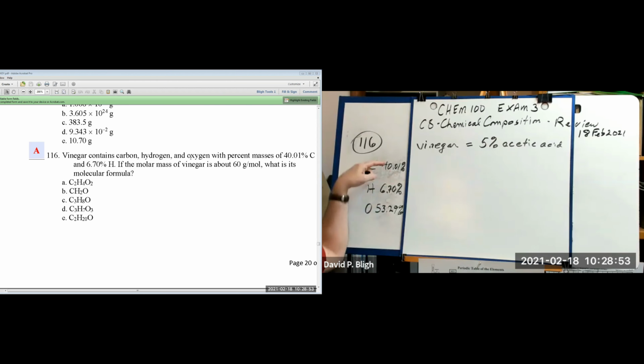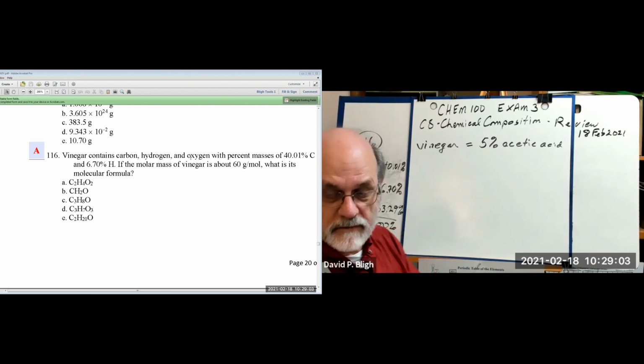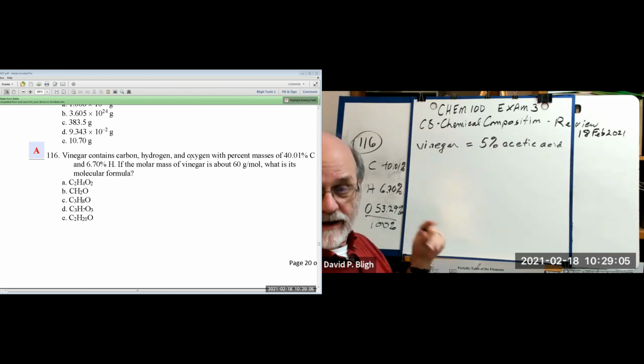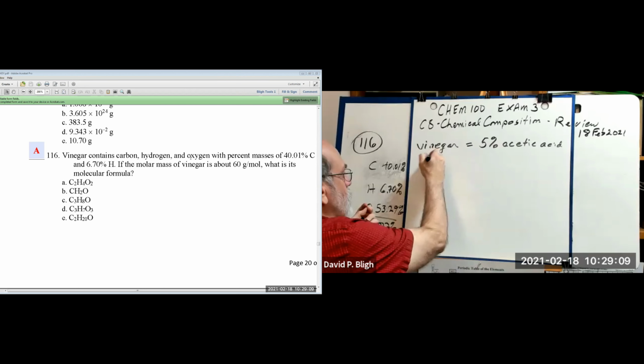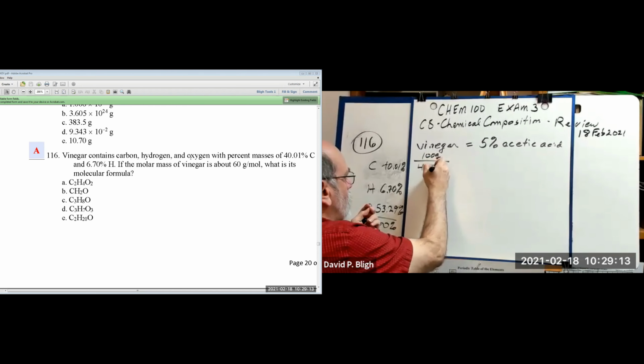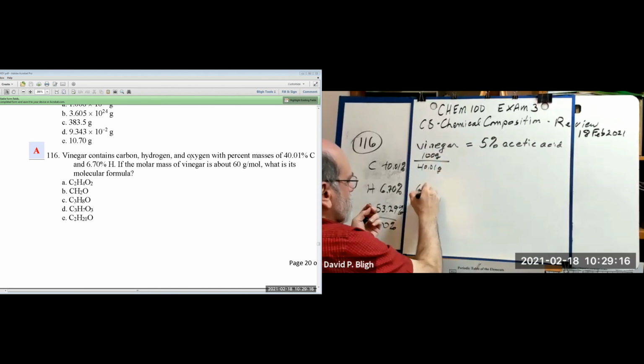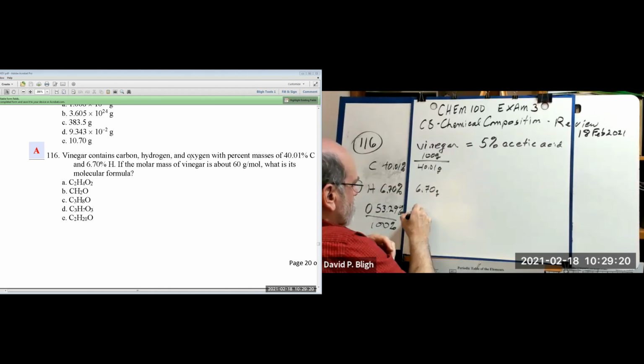Yep, adds up to 100. Okay, so now you know what to do. If you got percent of each one, you got to convert it to grams before you can go anywhere. So you assume 100 grams. That means this is 40.01 grams, 6.70 grams, and 53.29 grams.